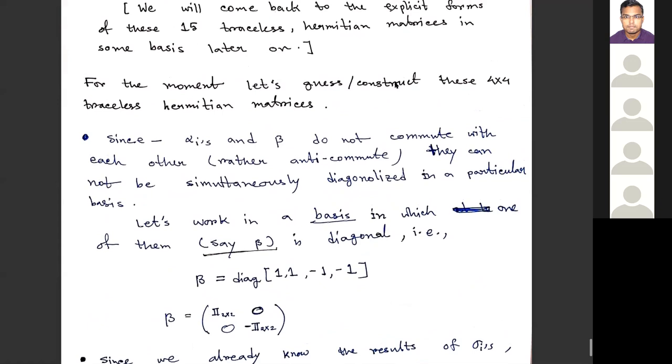But in this case, these 4 matrices, 3 alpha i and 1 beta, anti-commute with each other, so they cannot be simultaneously diagonalized in the same basis, right? But what I can do is choose a basis in which, out of these 4, one of them is diagonalized.